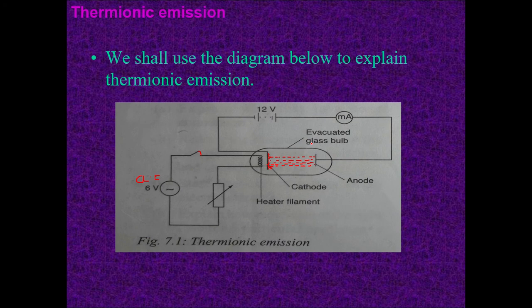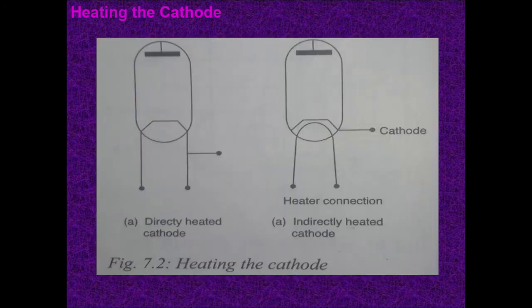Now, just considering the heating filament, there are two ways in which you can heat it, whereby it's basically heating up the cathode. We can either directly heat the cathode, or indirectly heat the cathode. When directly heating the cathode, this entails passing current through the cathode, or simply the filament, which is in the form of a wire.